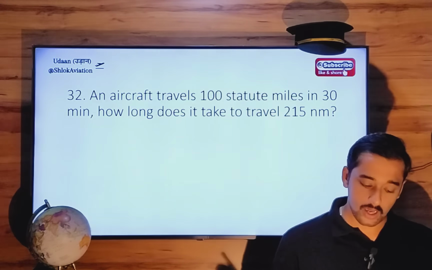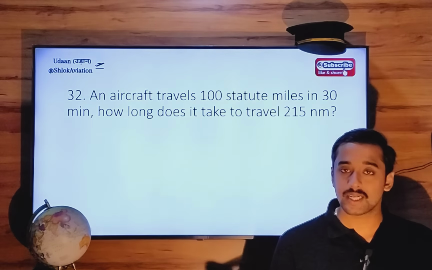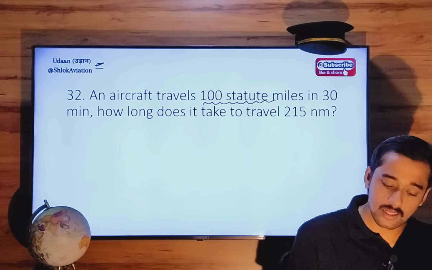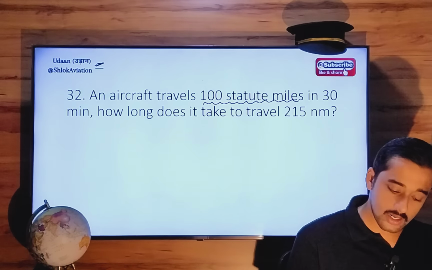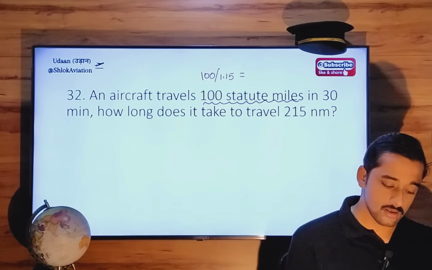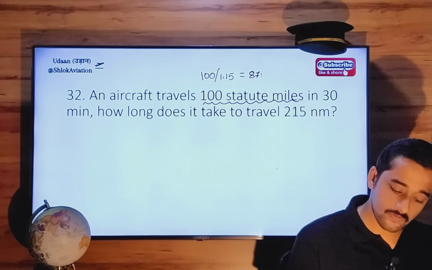Next, question number 32. Aircraft travels 100 statute miles in 30 minutes. How long does it take to travel 215 nautical miles? 100 statute miles translates into 100 divided by 1.15, 87 nautical miles.